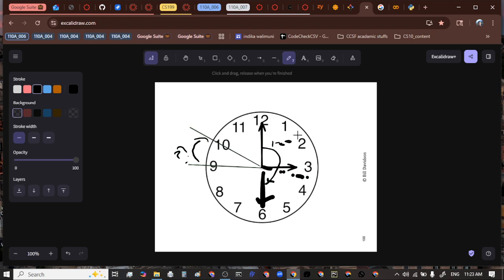So then the angle between two consecutive segments is going to be... So imagine right now we have our hand over here, but imagine the hour hand is at 9 and it moved to 10, and the minute hand goes one round, 360 degrees, right?